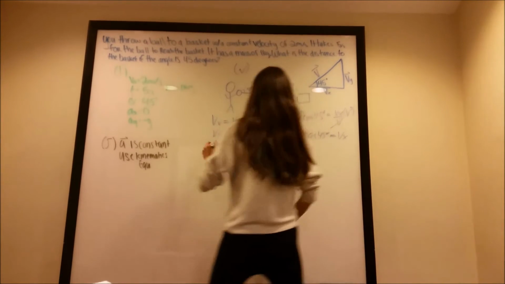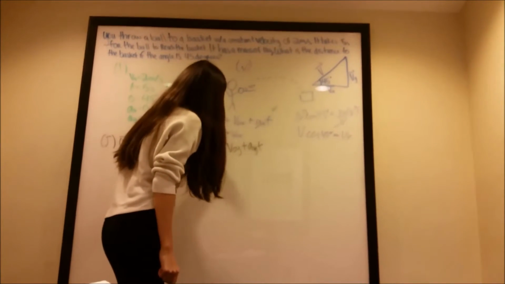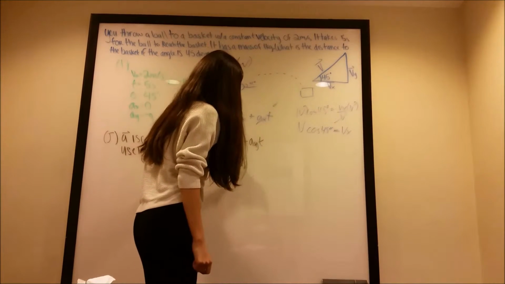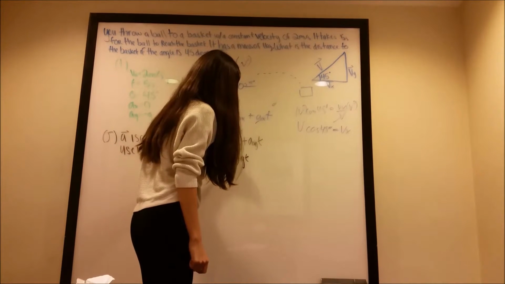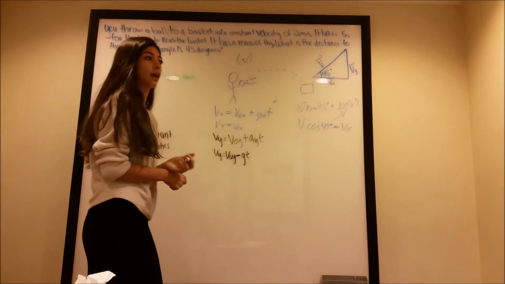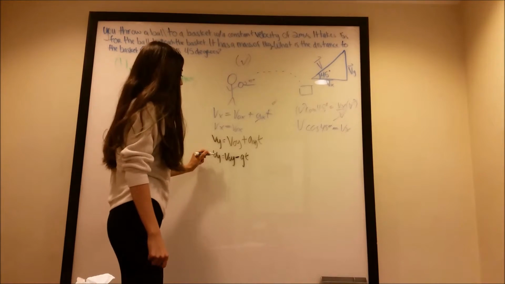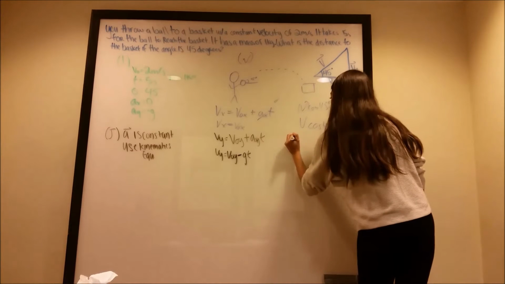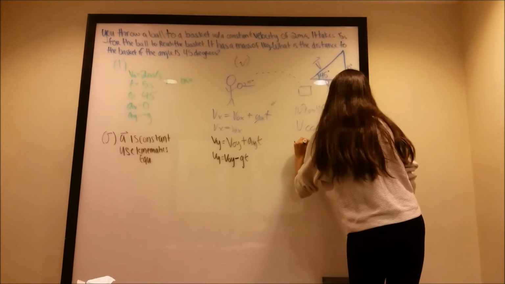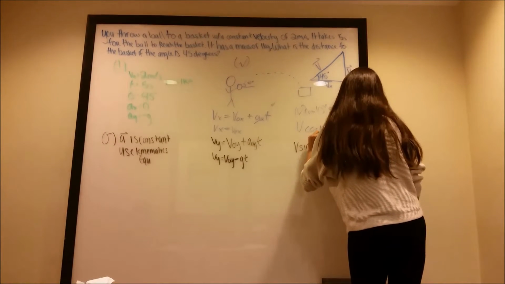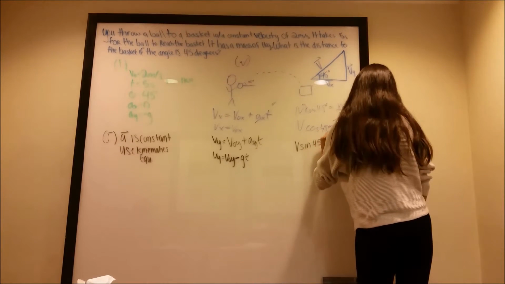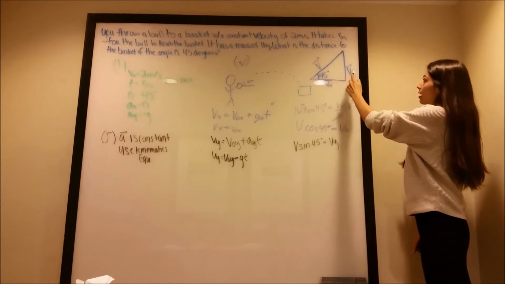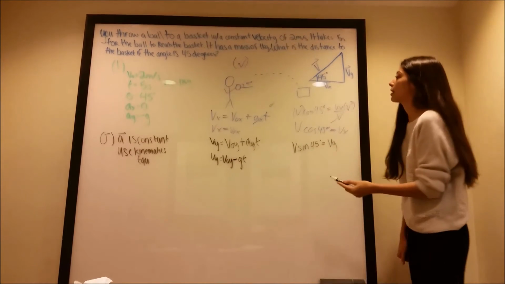And then we get that v of y equals the initial y minus g t, since gravity is the only force acting on acceleration. And then to get velocity in the y direction, we know that it's going to be v sine 45 degrees equals v y, because if we look here, it is opposite over the hypotenuse, so that would be sine.